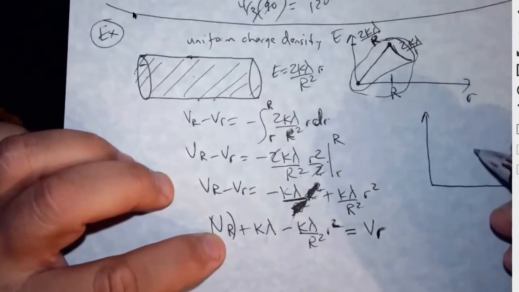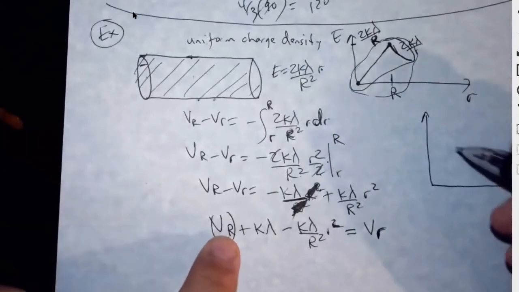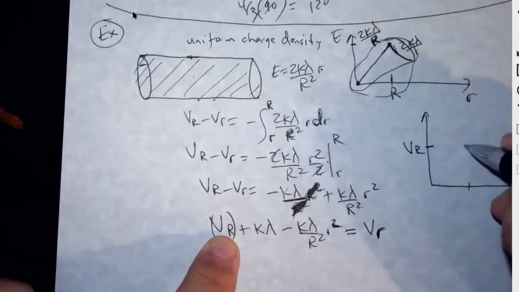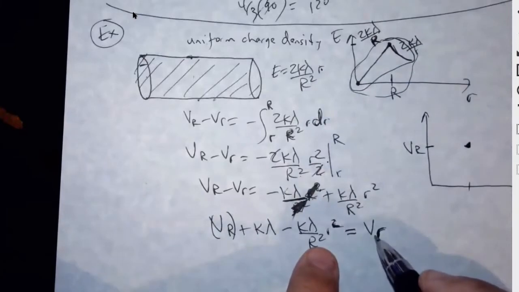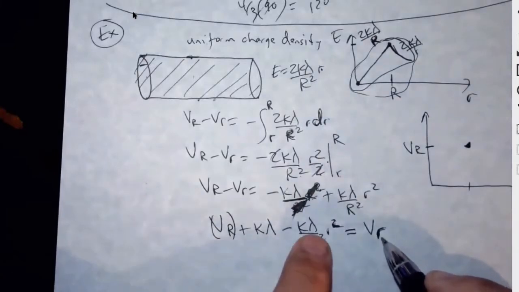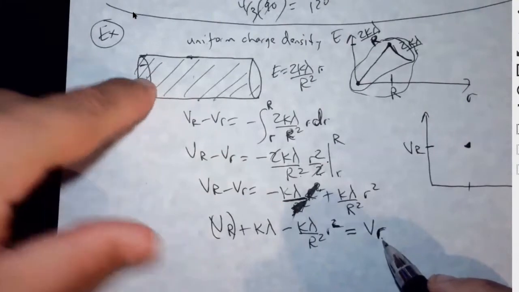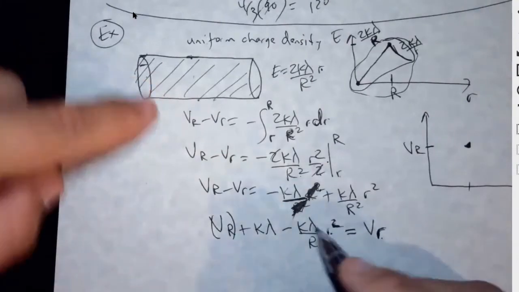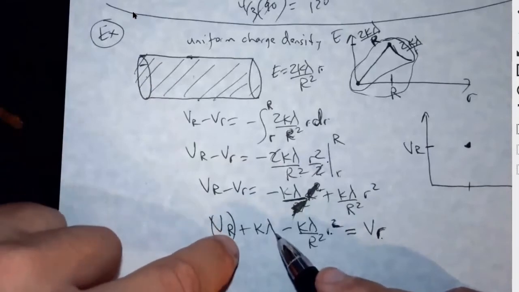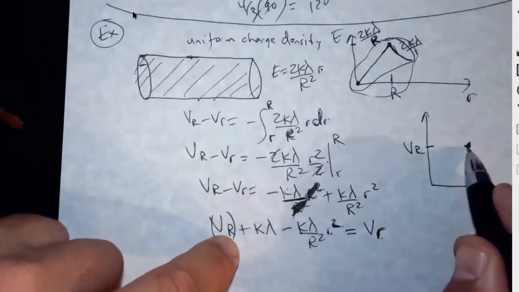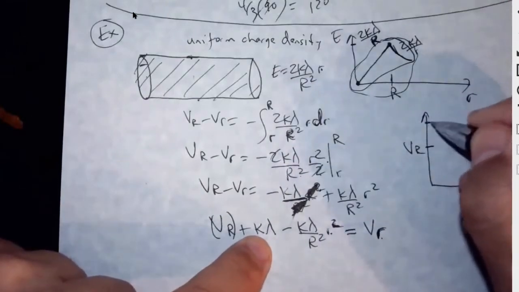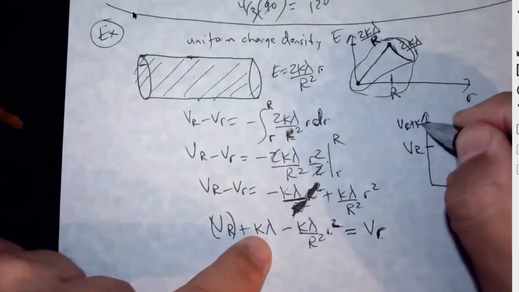The voltage at the surface is whatever, V sub R. So then what would the voltage at the center of the cylinder be? Well, then just put little r equals 0. It'll be whatever the voltage at the surface is plus k lambda, you see. So V sub R plus k lambda.